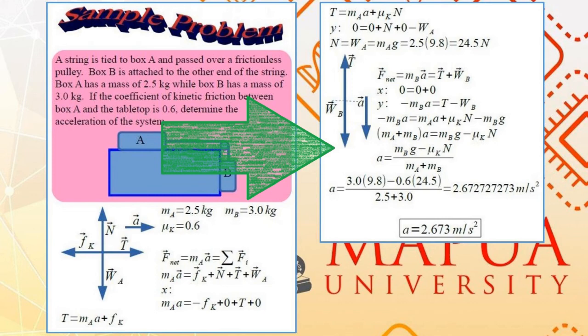We know that T is equal to m_A a plus mu_k N from our analysis of the free body diagram for box A. Combining that equation with our equation for box B and simplifying, we get an equation for acceleration: a is equal to m_B g minus mu_k N, all over m_A plus m_B. Plugging in the values, we know all the values except for a.